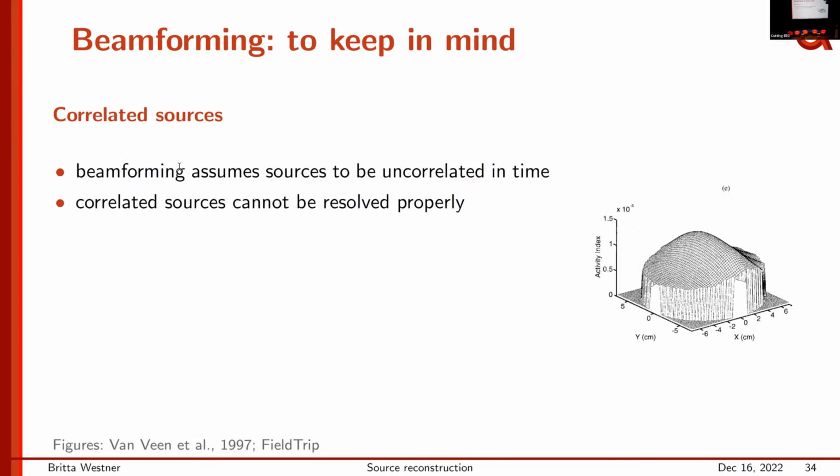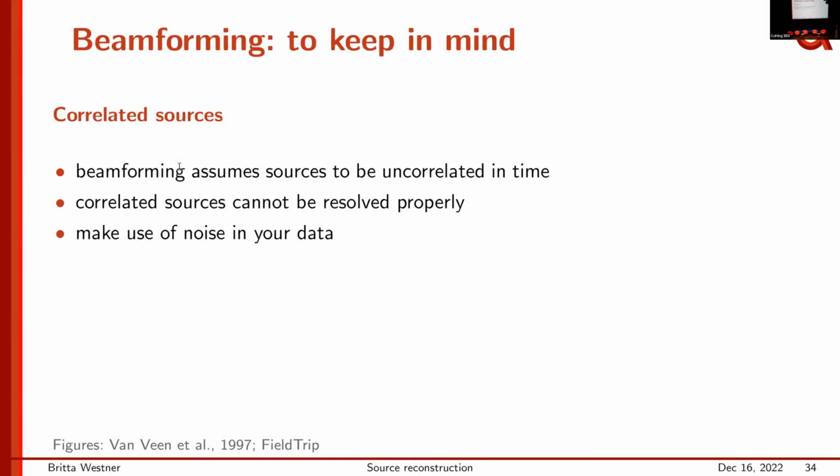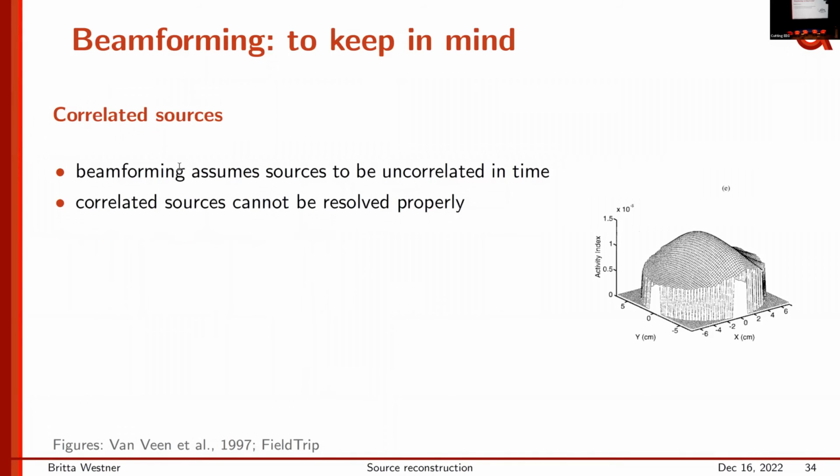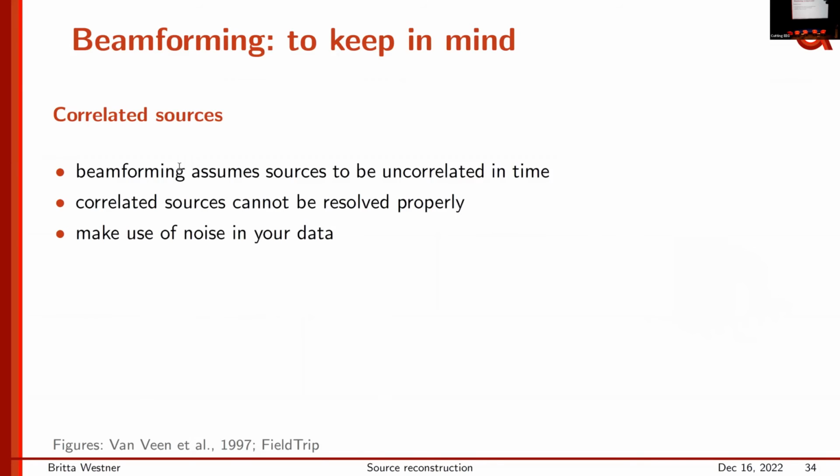So I hear a lot, oh, you did an auditory experiment, which is what they, I think, wanted to simulate here, and you can't do beamforming then. Well, one thing that we tend to forget is that this was the 90s, even though I think this figure perfectly illustrates that. And we do computations a bit differently now.